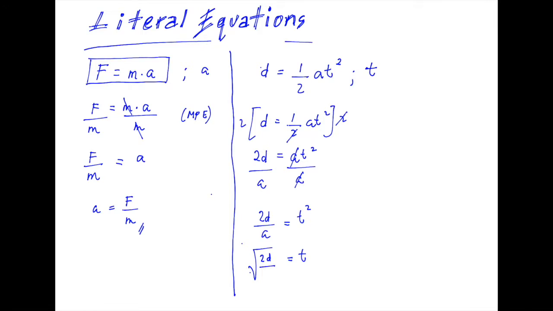That is 2D over A. Since we are getting the square root, therefore, T is equal to positive negative square root of 2D over A. You may want to recall your basic mathematics for your review about this positive and negative case of square roots.